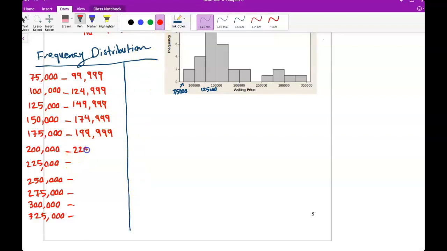This is 224,999. 249. And this one, 274,999. 299,999.